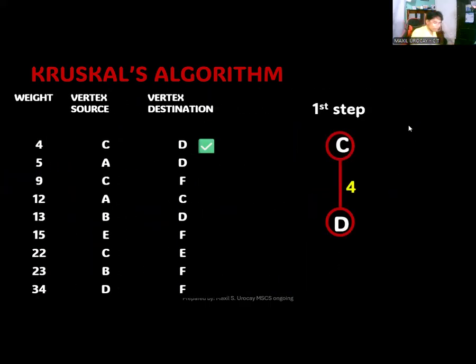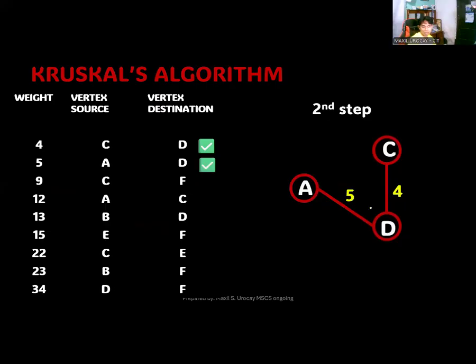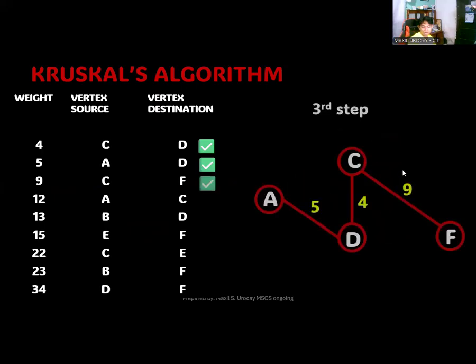For the first step, 4 CD will not form a cycle. For the second step, AD will not form a cycle, so you can add that one. The next step is 9 CF, which will not form a cycle, so you can add that.